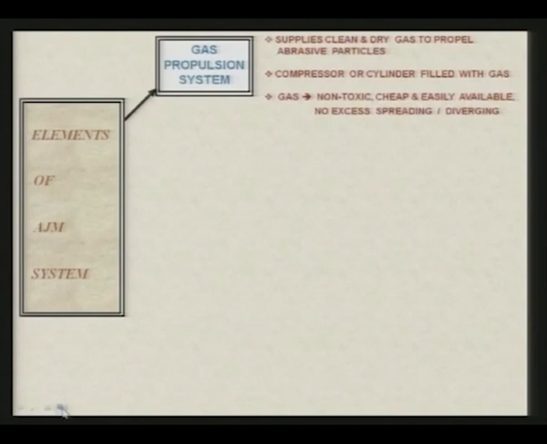Then you have the compressor or cylinder filled with gas, because compressed air has to be stored somewhere in a reservoir. For that purpose you can use the cylinder also. If you are using a gas other than air, it should be non-toxic in nature, cheap and easily available, and it should not have excess spreading or divergence, otherwise the size of the cavity that you are forming on the workpiece will be difficult to control.